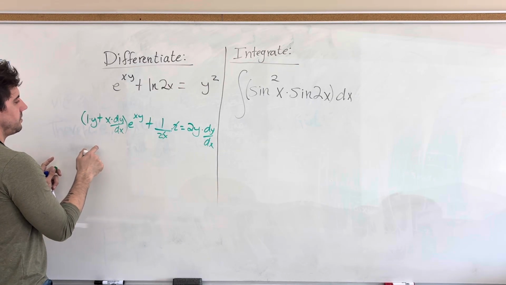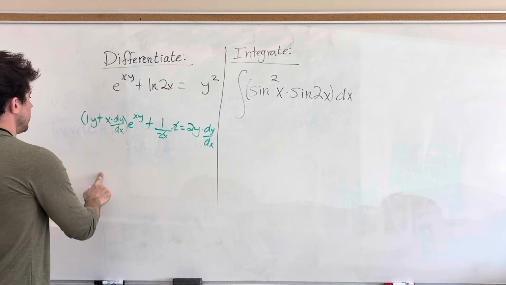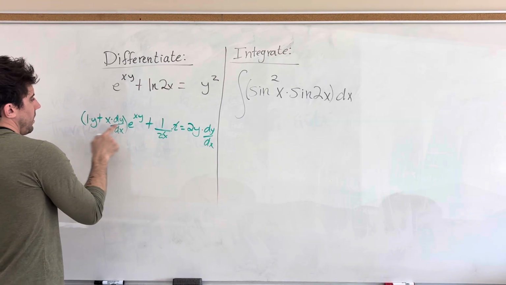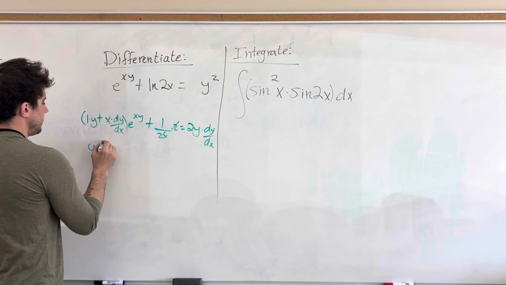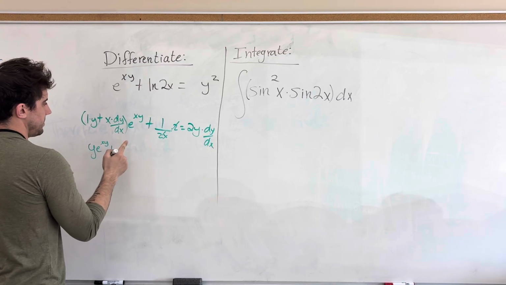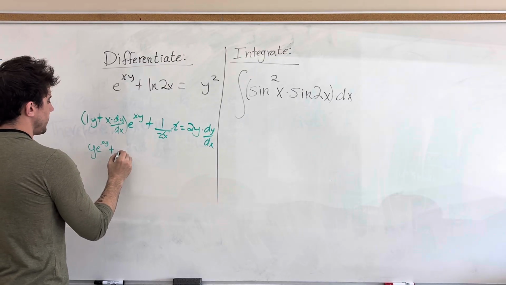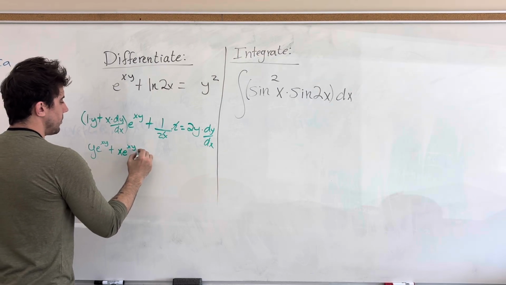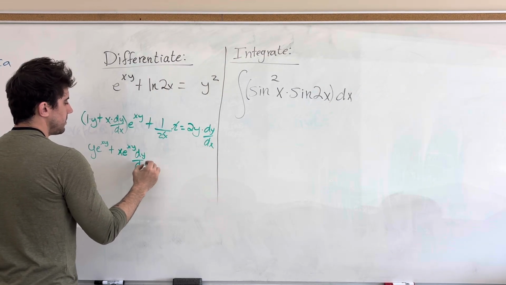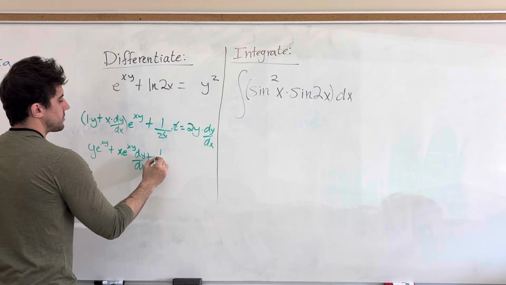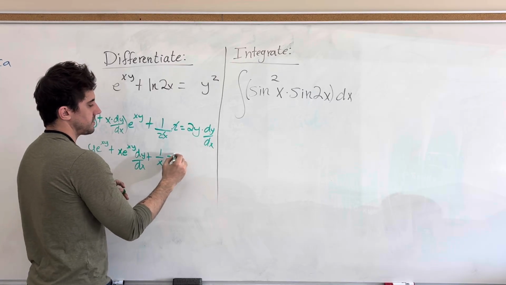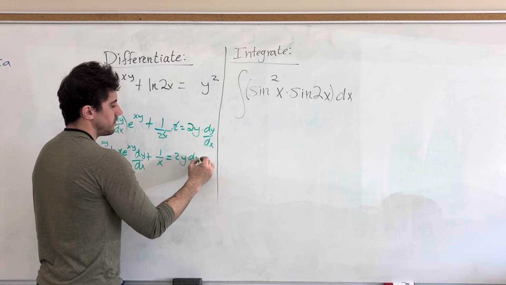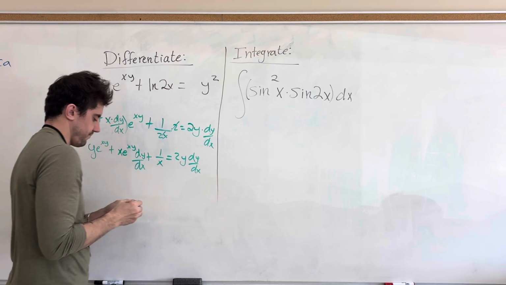So on this left-hand side, we're going to have y times e to the xy plus x e to the xy dy dx plus the 2's cancel out, so plus 1 over x. And that's going to be equal to 2y dy dx.